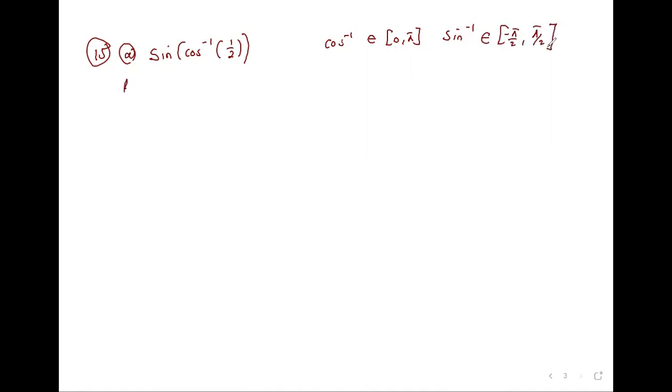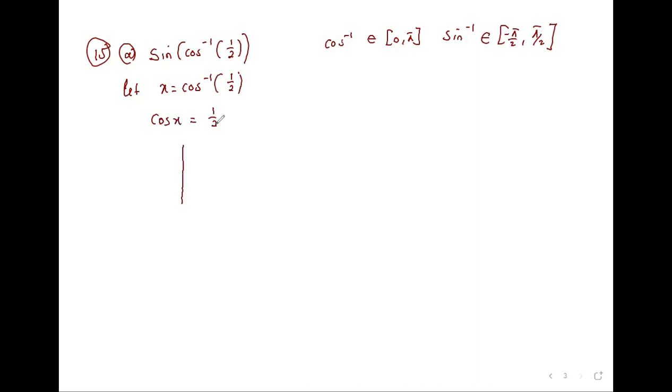So again, we let x be cos inverse of 1 over 2. And then you write this as cos x is equal to 1 over 2.